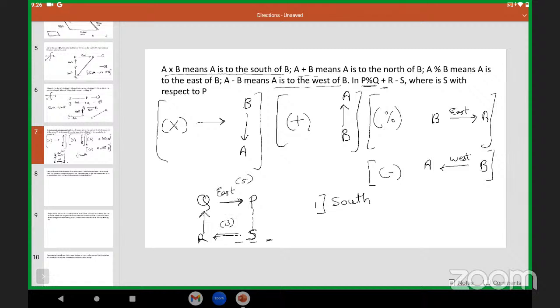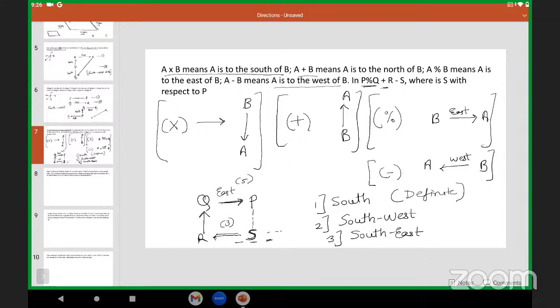Then this s will shift towards the left, which will make it nothing but towards the southwest. And if this particular line is more than 5 kilometers, considering this line to be 5 kilometers, then this s will move towards the right, which will make the direction southeast. So the definite answer is south.